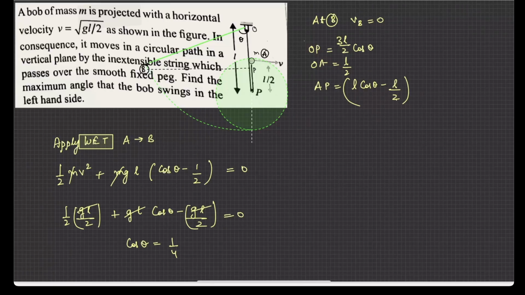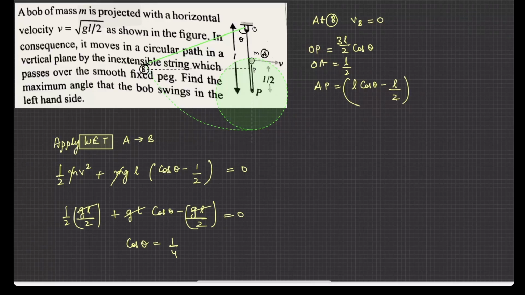ठीक है, total length will be OB cos theta होगी. So OB कितना है मेरा 3L by 2. OB will be L plus L by 2, 3L by 2. And OA मेरा कितना है, OA is my, this complete is L, this is L by 2, so OA will be L by 2.